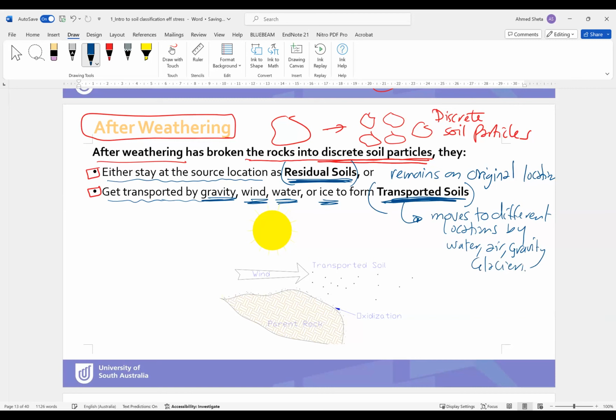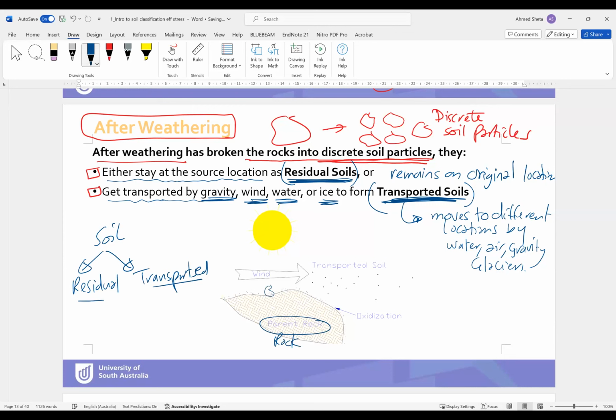So the soil has two scenarios again, residual or transported. Okay, as you can see here, this is our parent rock or the rock before weathering.